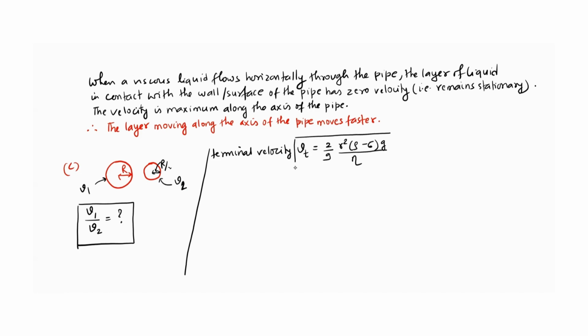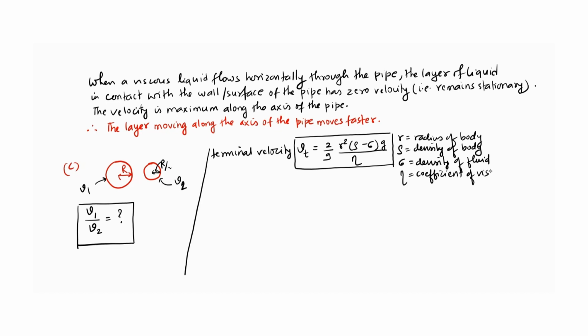Here r is the radius of the body moving in the fluid, rho is the density of the body, sigma is the density of the fluid, and eta is the coefficient of viscosity of the fluid.